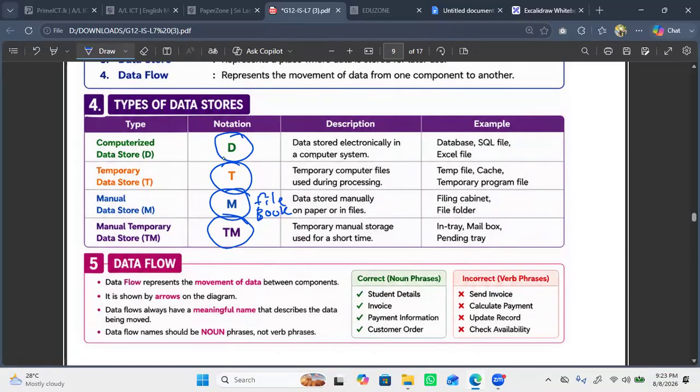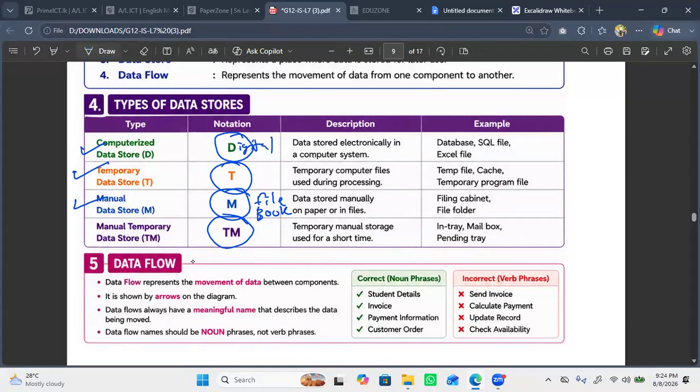So just remember these letters; you will be using them when you make this diagram. I will teach the new shapes you should draw. Just remember these four. If it's a computerized one, D means digital, T means temporary, M means manual.